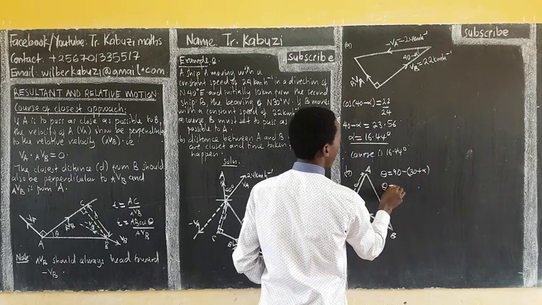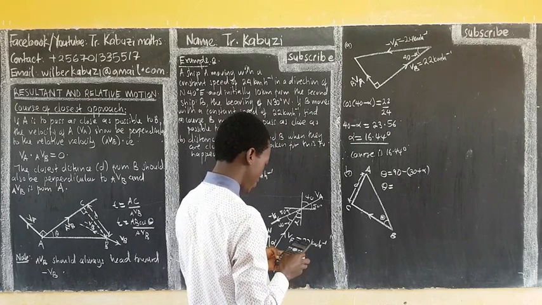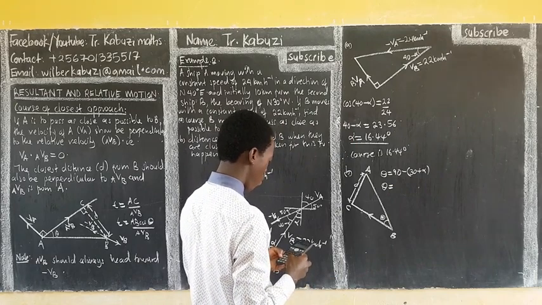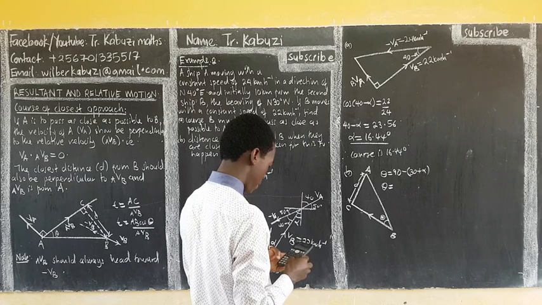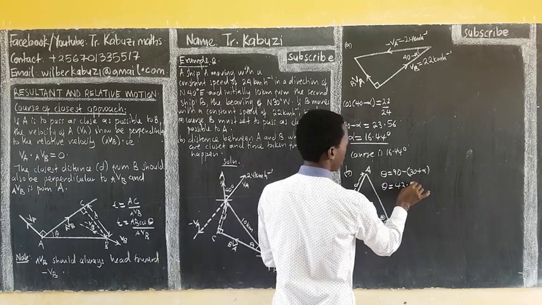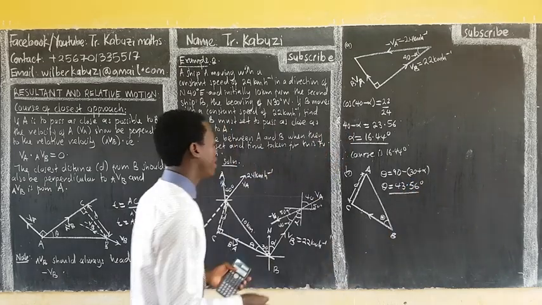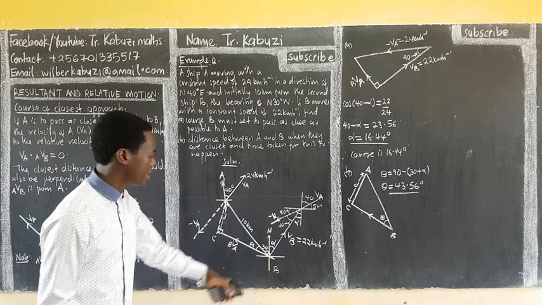So our theta here is going to be 90 minus, 30 plus 16.44, which will be 43.56 degrees. So this is our theta.